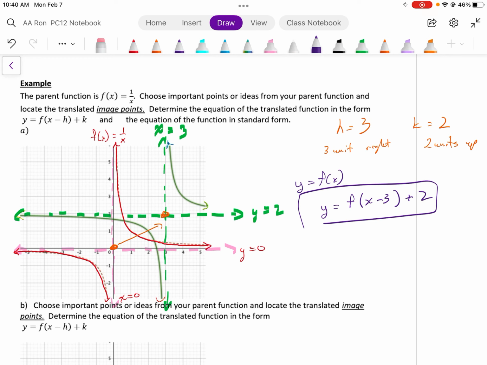And in the more standard form, it would be y is equal to 1 over x minus 3 plus 2. The h is always attached to the x in brackets. Try to make note of that. If I were you, I'd probably write that in your notes.